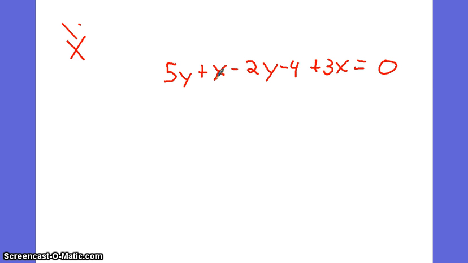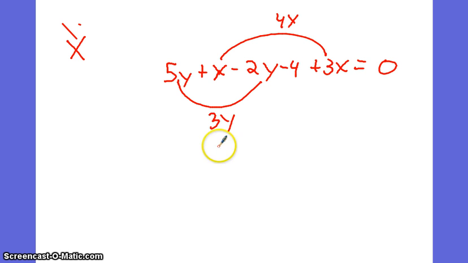So when I do that, first off, I can identify that these two are like terms. That's going to give me 4x. But other than that, to solve for x, I need to also get rid of these like terms. That's 3y, that's 4x. So now I end up with 3y plus 4x minus 4 equals 0.